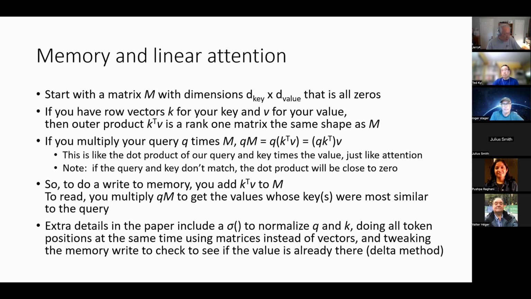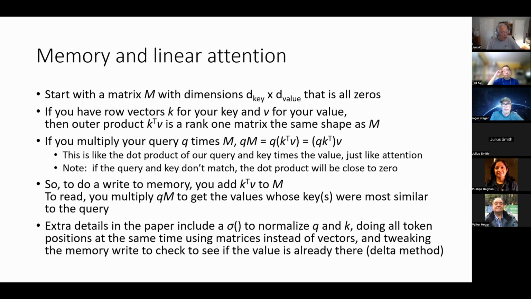And there's this delta method, which I forget what paper it comes from, but the short version is: what happens if I've stored "great" in here and now I want to store "great" again because this token came along? Or what if I want to store "excellent"?